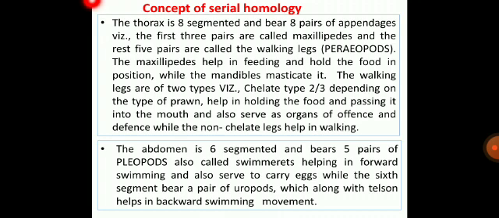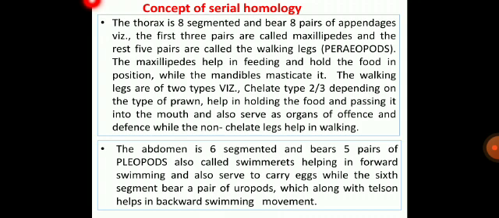The walking legs are of 2 types, with chelate type, that there may be 2 or 3 depending on the type of prawn. They help in holding the food and passing it into the mouth, and also serve as organs of offense and defense, while the non-chelate legs help in walking.